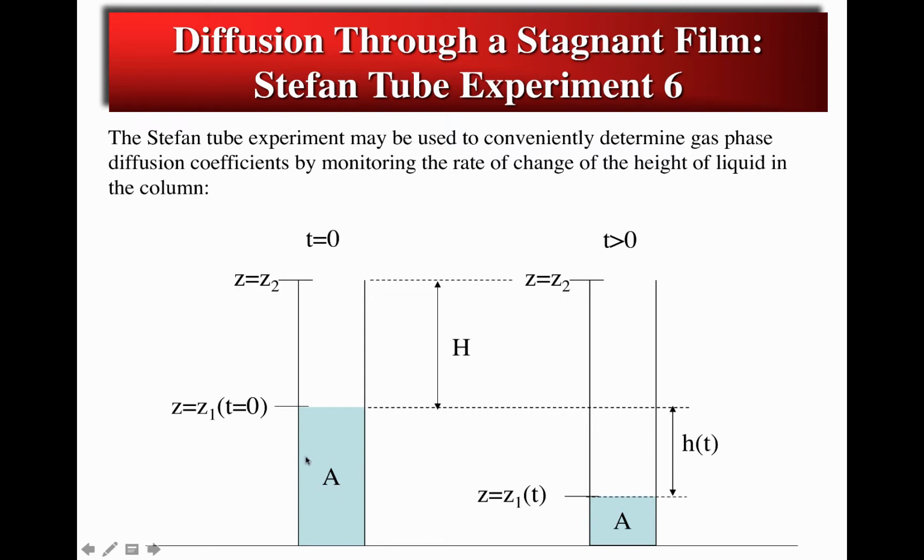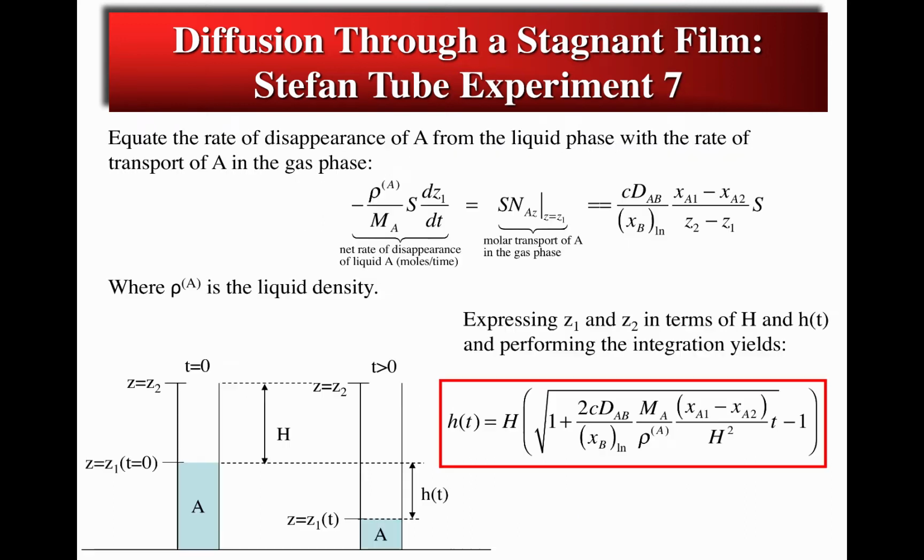And if you had a device that wasn't too big across, then you'd have good surface to volume thermal contact of the liquid with the surroundings, and that could be used to essentially make the temperature constant. And if the temperature doesn't vary, then that's the situation in which we're analyzing this problem.